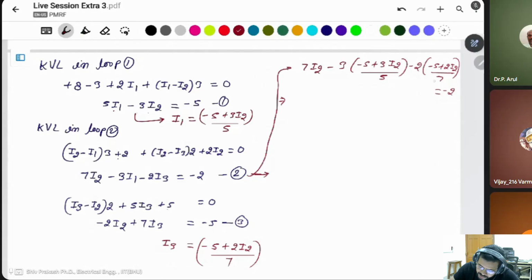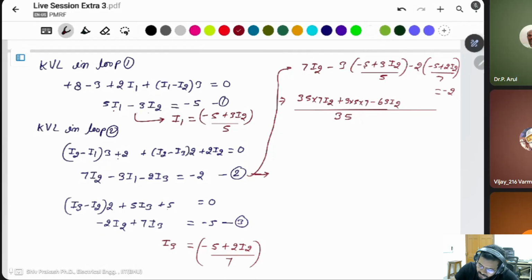You can take the LCM as 35. 7 fives are 35. 35 into 7I2 here, and this one, 7, minus minus is plus, 3 into 5 into 7, then this one is negative 3 into 3, 9 into 7, 63I2.